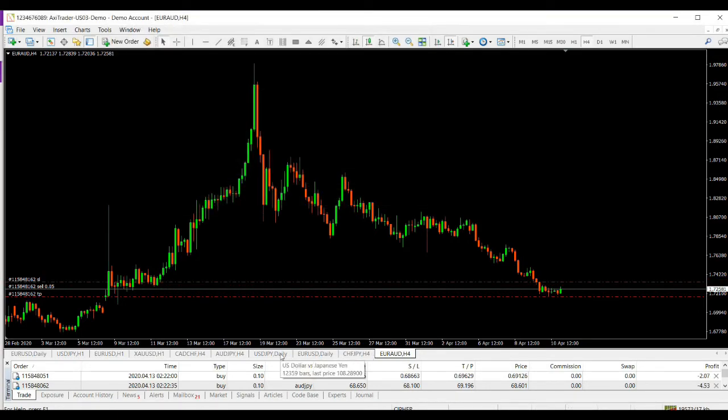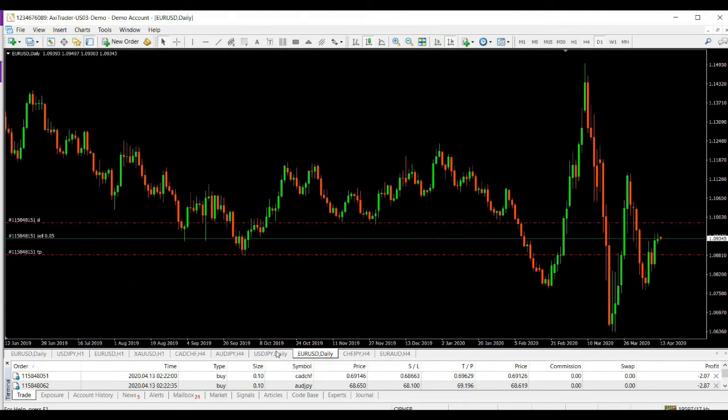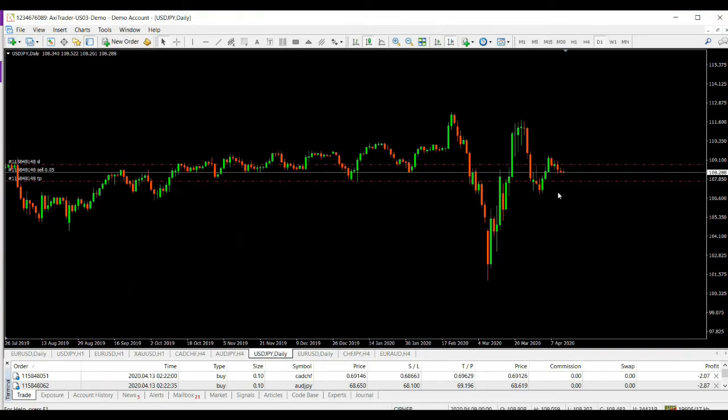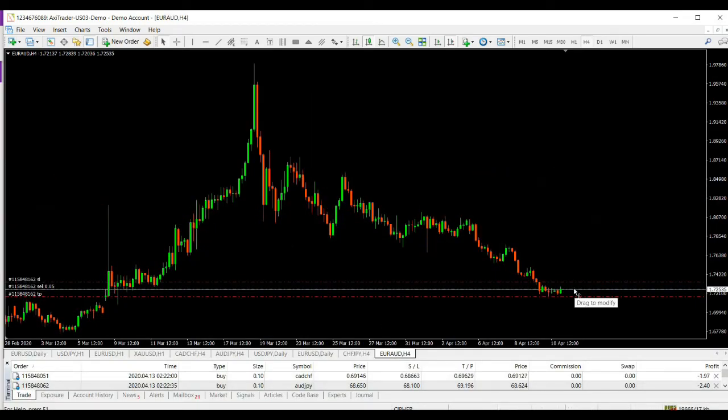So we divided the lot size into 4 different parts to trade in 4 different pairs, and we have divided the risk also. Divided by 4, each has 0.25% risk. 0.25, 0.25, 0.25, 0.25 percent risk.